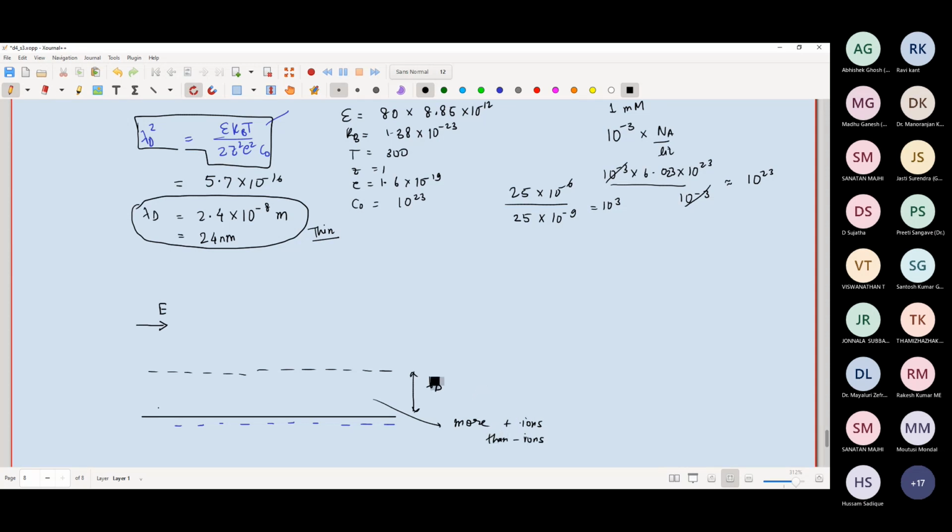And what that means is the region near the wall does hold a net charge. But what about the region away from the wall? In the bulk, the number densities of the ions are equal because it decays beyond the double layer. So in the bulk, the number densities being equal, there will be no charge.